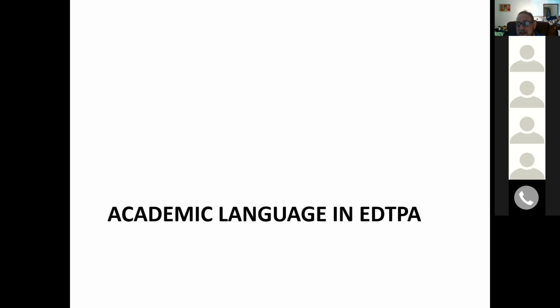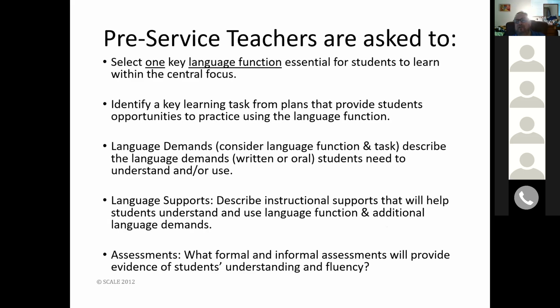Academic language in EdTPA. Pre-service teachers are asked to select one key language function essential for students to learn within the central focus. Identify a key learning task from plans that provide students opportunities to practice using the language function. Language demands.